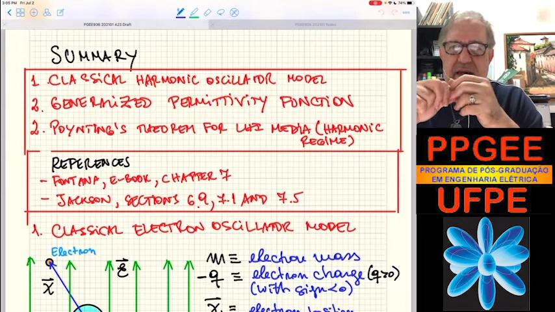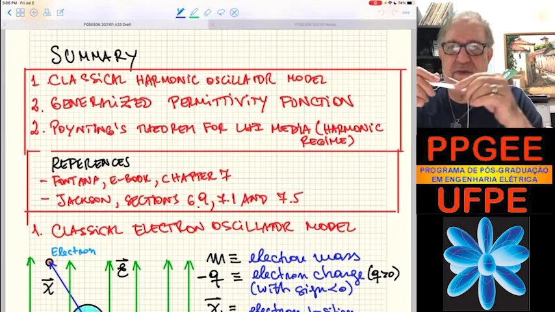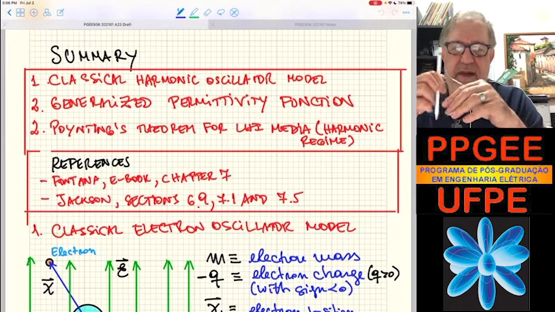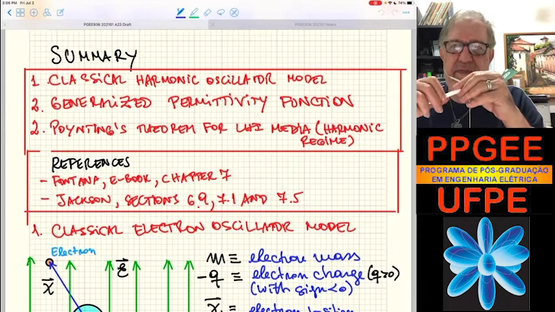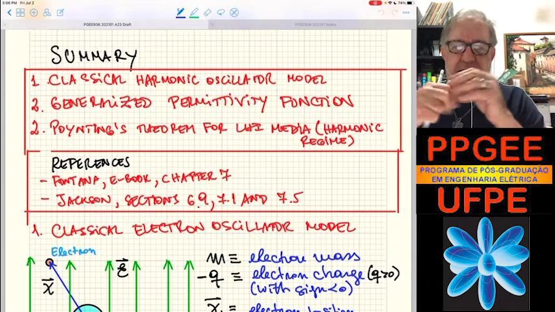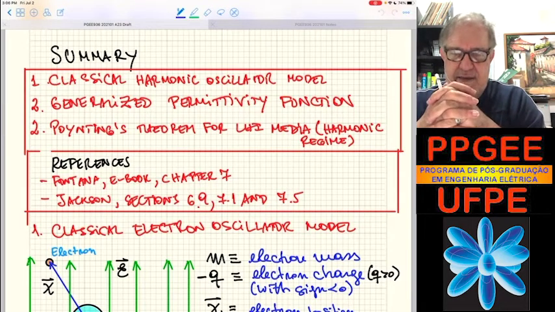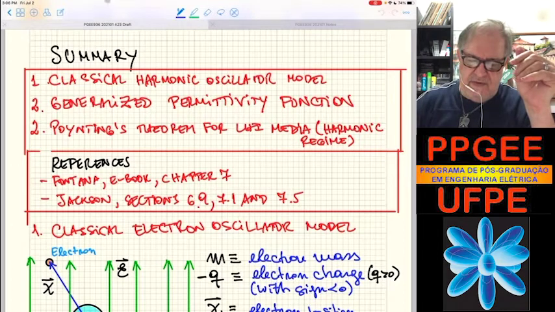Why does an electromagnetic wave bounce back when it reaches a metal surface, right? So these are general features that this model, which is called the classical harmonic oscillator model, can explain. So we're going to review that.